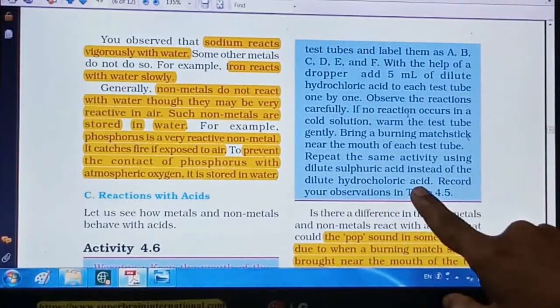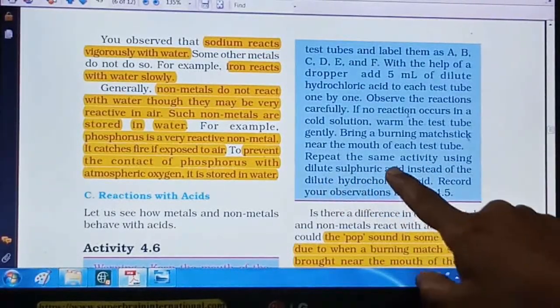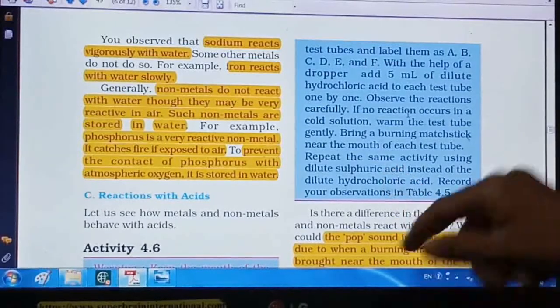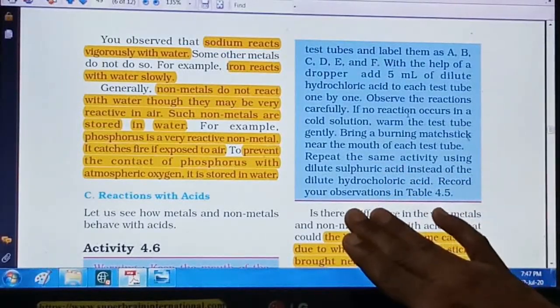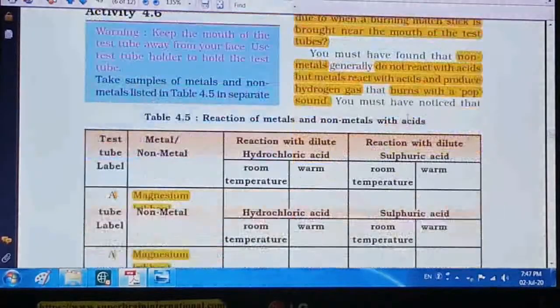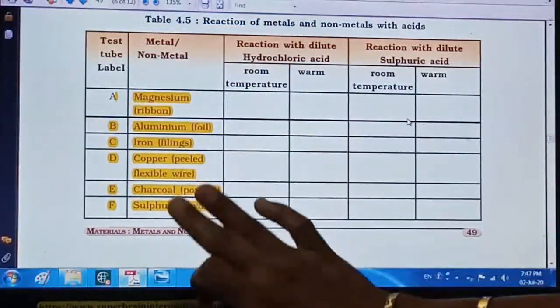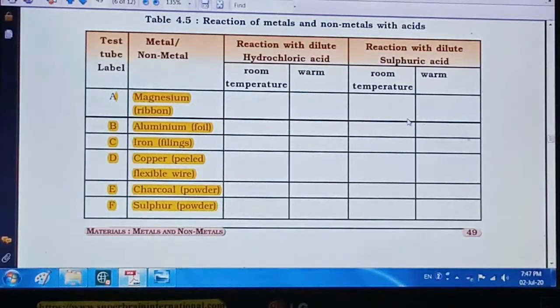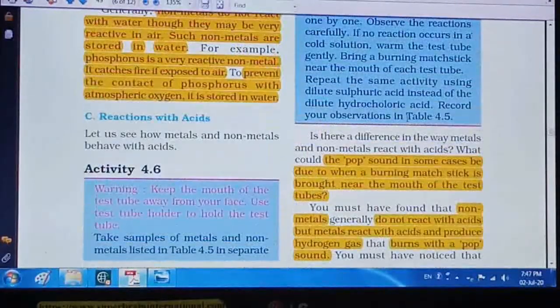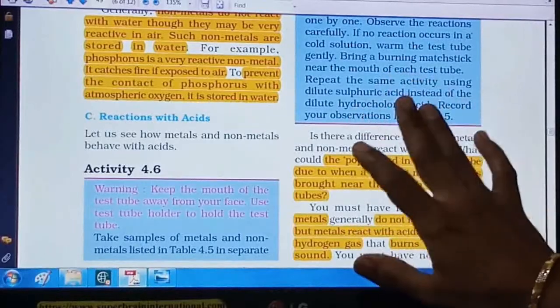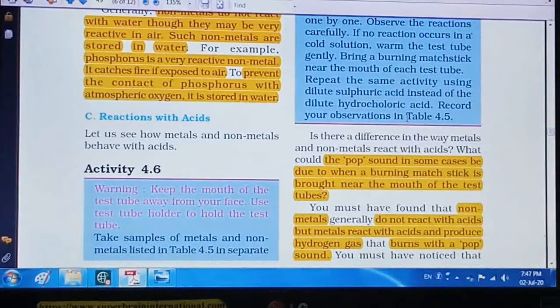Now dilute hydrochloric acid and dilute sulfuric acid, both are acids. So here we are testing the reactions of all these metals and non-metals in the list with acid, right? So here we have selected hydrochloric acid and sulfuric acid, right?